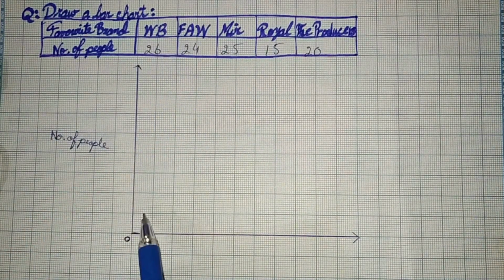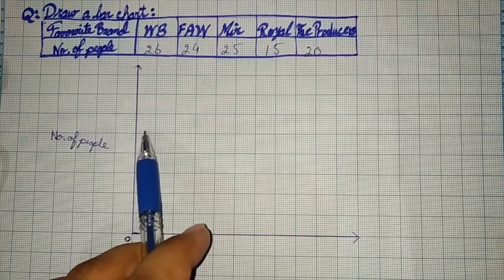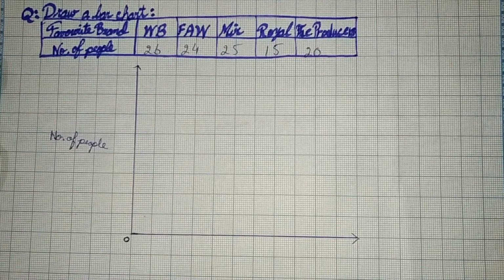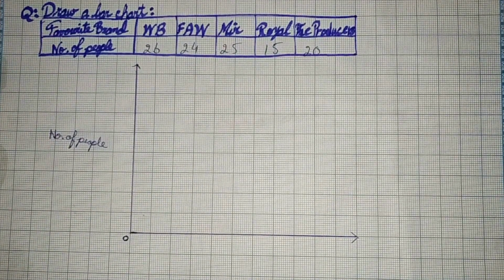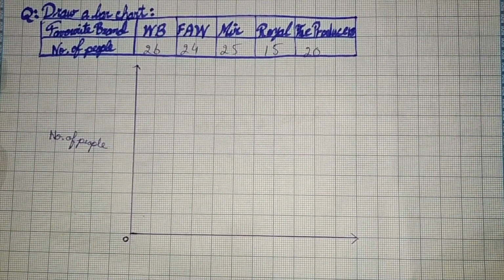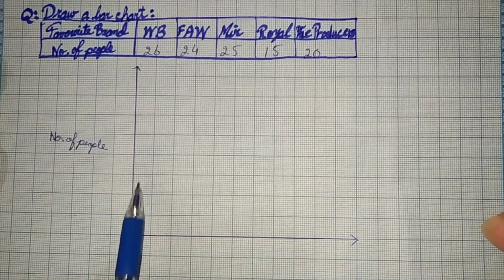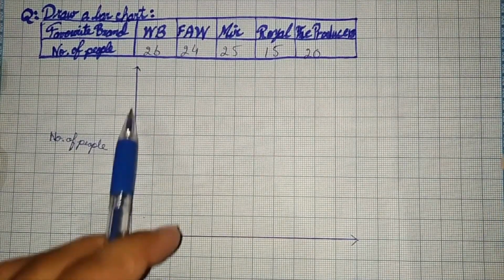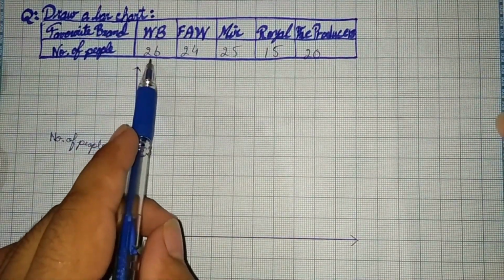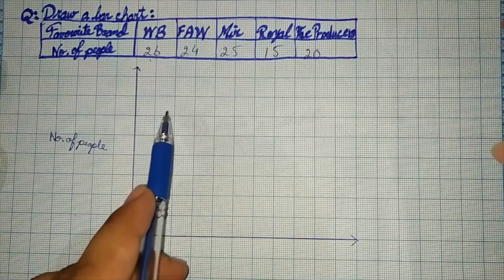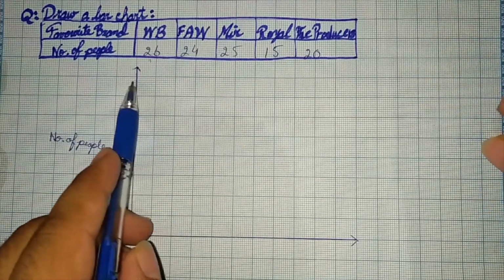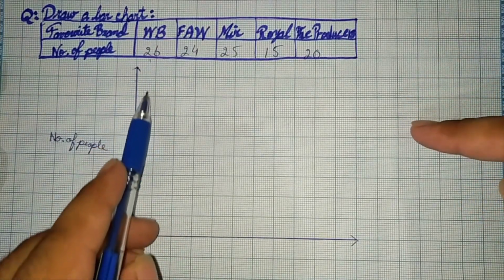Here we have 1, 2, 3, 4, 5, 6, 7, 8 boxes, so we have to manage the scale so that the maximum number of people, which is 26, comes before the 8th box.